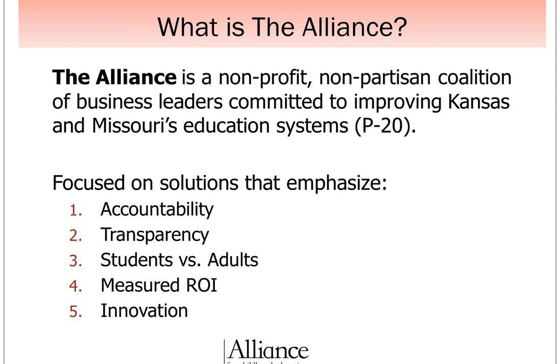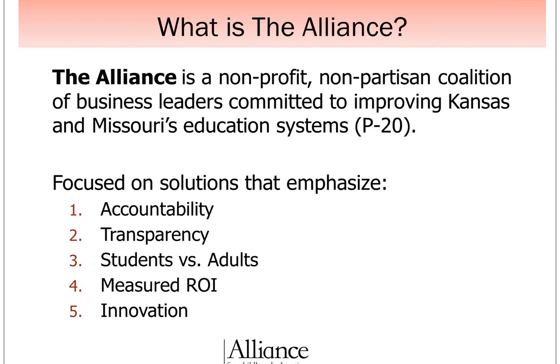Innovation is a really key element in making sure that real solutions are provided, in addition to just naming the problem or continually beating the drum about what the problem is. These core principles are derived from another program that was extremely successful in the state of Colorado, that the Alliance is very much modeled after, called Colorado Succeeds. For those of you familiar with education reform in Colorado, there were a lot of successful outcomes that came out of a business organization formed there called Colorado Succeeds.